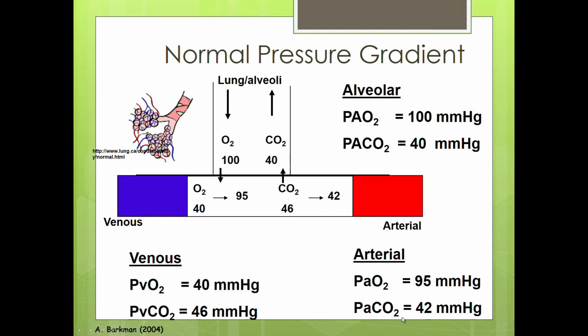And our PCO2 is 42 because we had some exchange, but of course we're going to still have some CO2 in our blood. It's just important to remember that all CO2 and all oxygen are not released, okay? They move from an area of high concentration to an area of low concentration. So here, the alveolar levels, the venous levels, and the arterial levels.